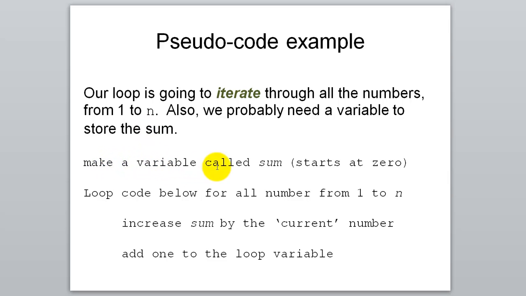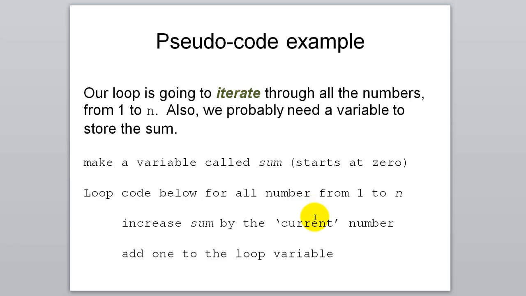So let's make a new variable called sum, and let's start it at 0 because we haven't started adding anything into it yet. Then we could set up a loop that would look at all the numbers from 1 to n. So if our number is 632, then we want this loop to run 632 times, where our looping variable starts with a 1 and it keeps going, and then when our looping variable hits 632, then the loop would stop.